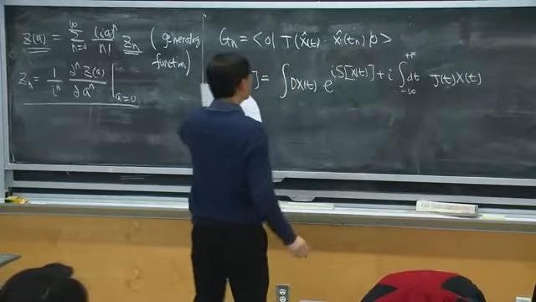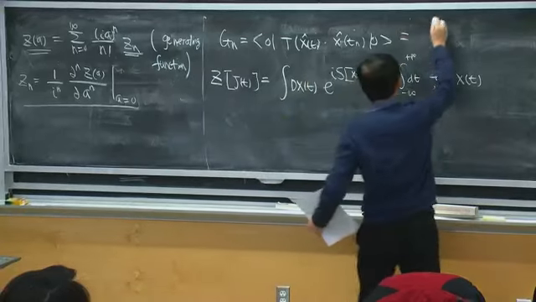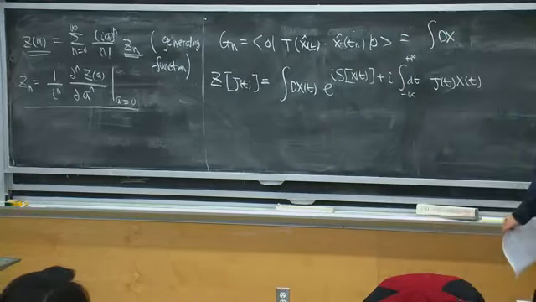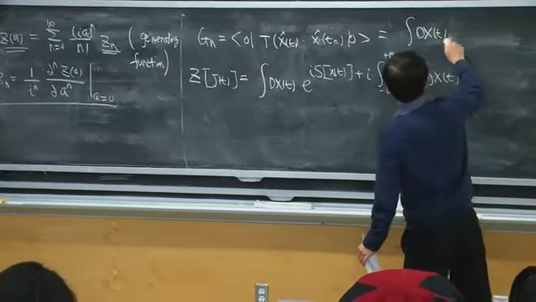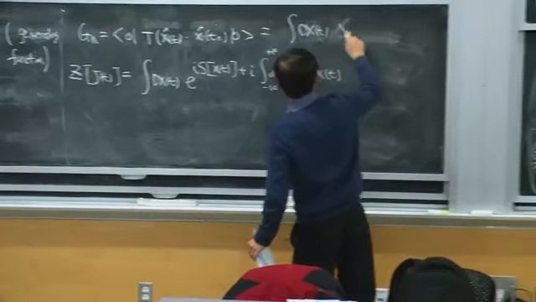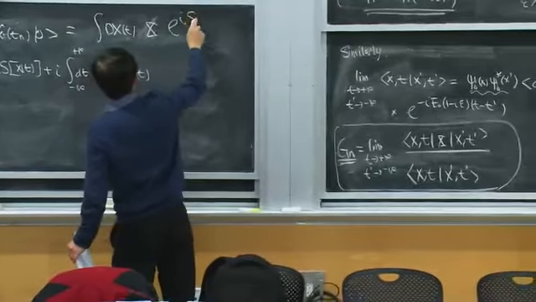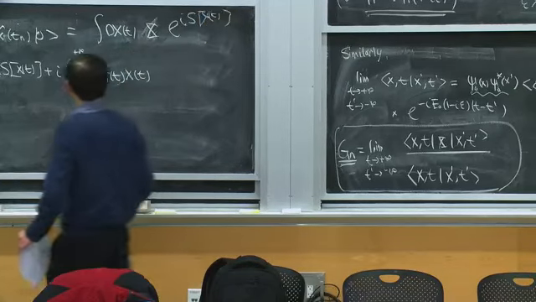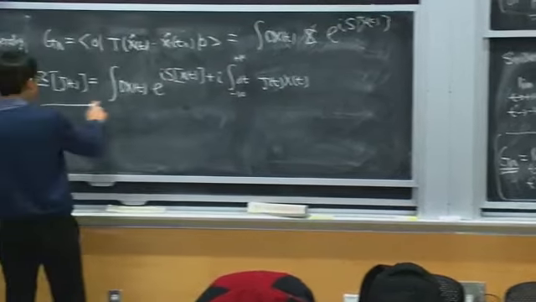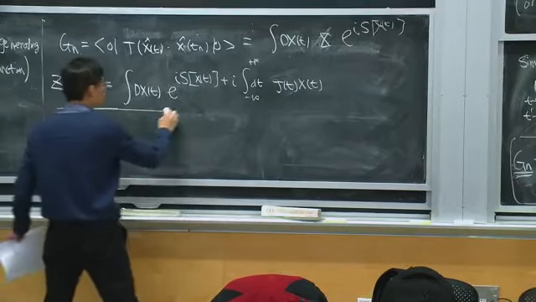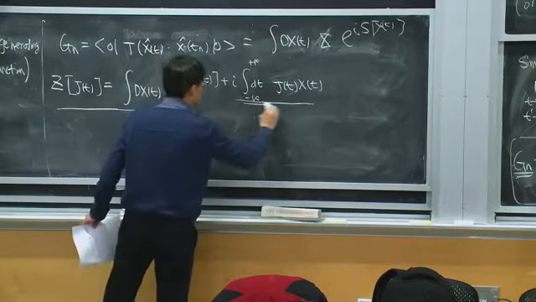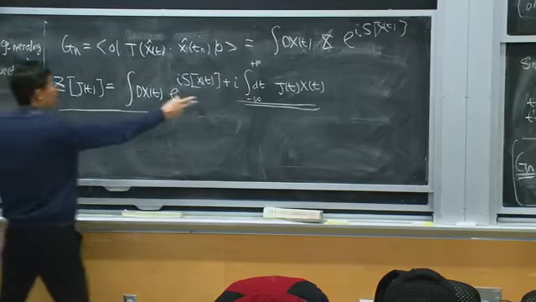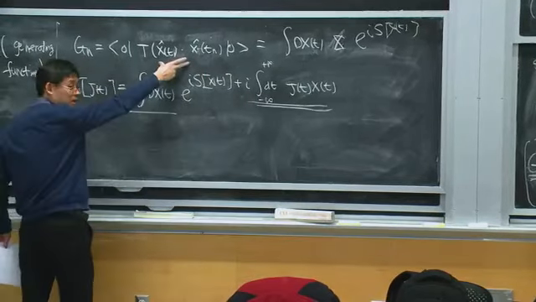Remember, this is just the path integral. Let's just look at the upstairs: exponential of i S[x(t)]. Now this does the same thing. If you imagine you expand this factor to the nth power, then you will generate this term as a coefficient.